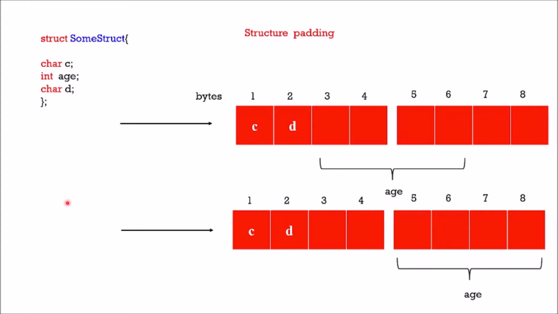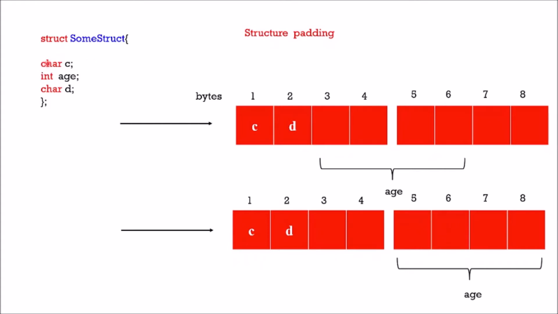Okay, now we'll talk about something known as structure padding when working with structures. If you remember, we have talked in previous videos about the size in bytes of different data types.